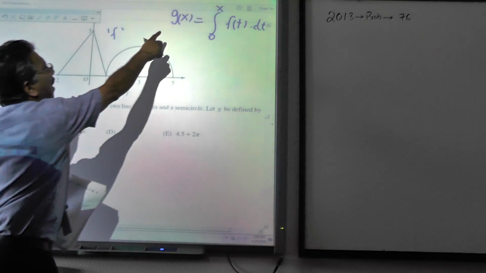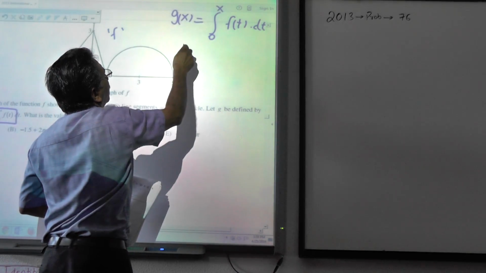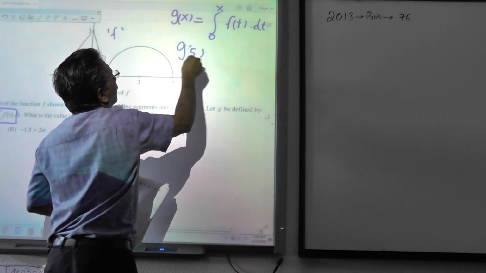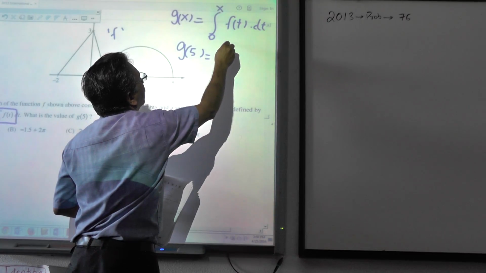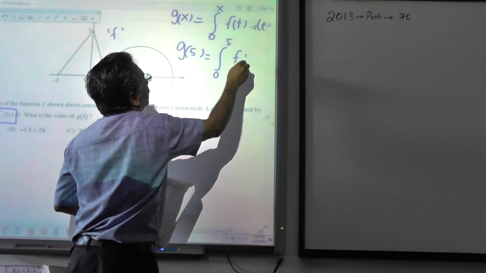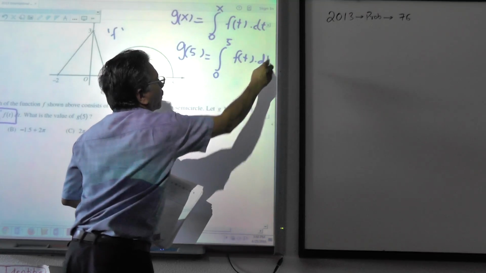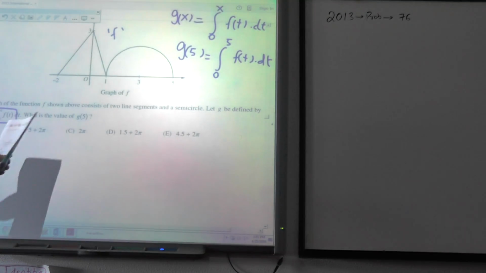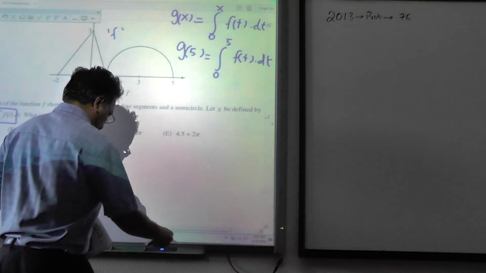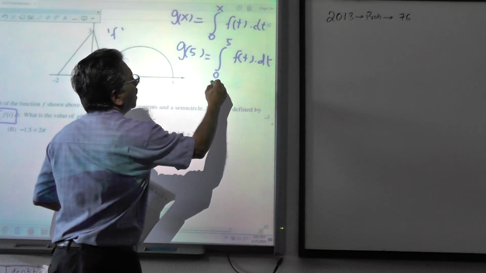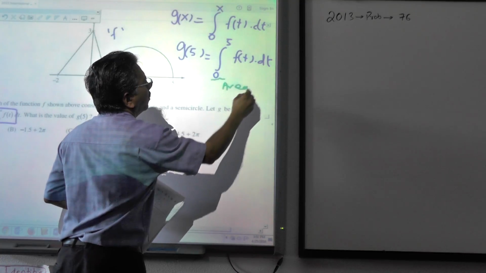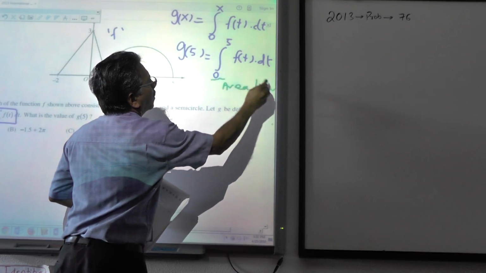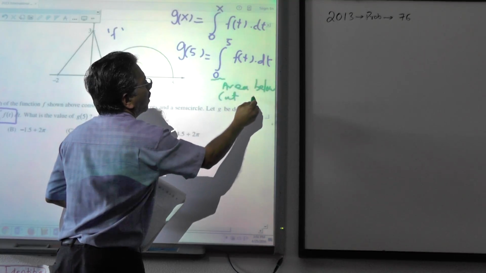If I want to find the value of g of 5, I'll replace x by the integral from 0 to 5. That means I need to find what the integral means: the area below the curve f.